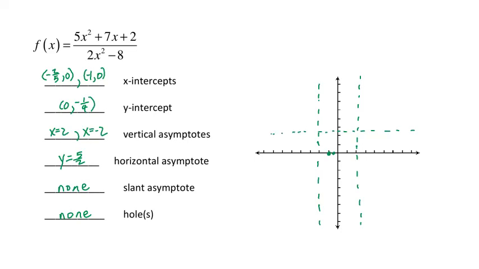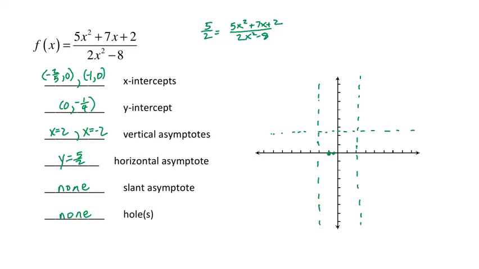One thing that we need to check is whether our graph crosses the horizontal asymptote or not, because we know that's a possibility. So we need to determine if 5 halves will ever equal 5x squared plus 7x plus 2 over 2x squared minus 8.